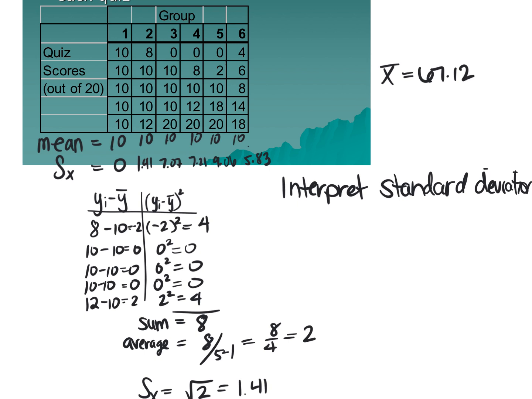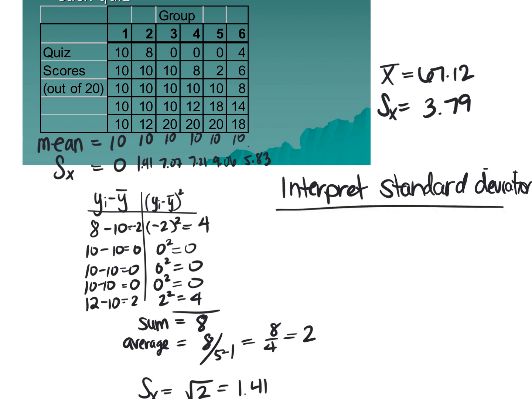Now, x bar and y bar are both okay to use for mean. Your calculator uses x bar. Your book likes to use y bar. Sx is equal to 3.79, okay? We're talking about height, so this is inches, right?